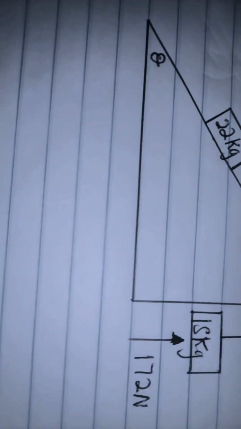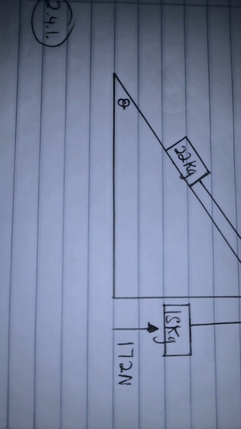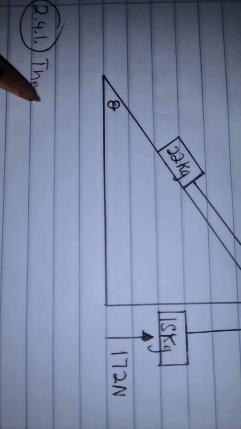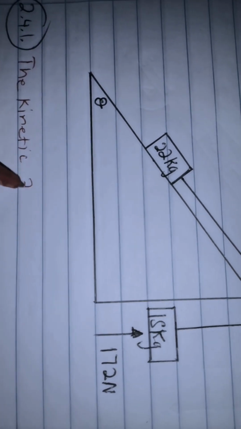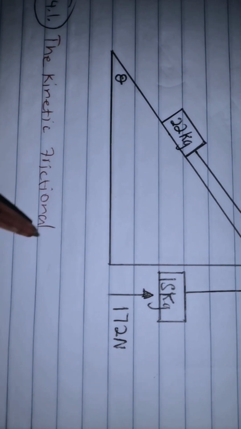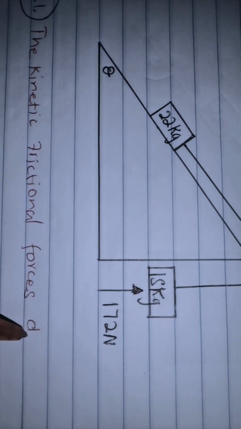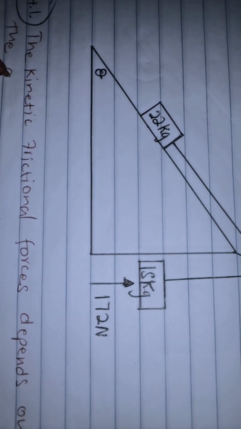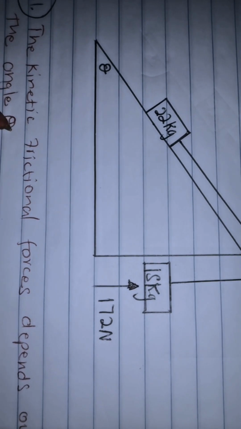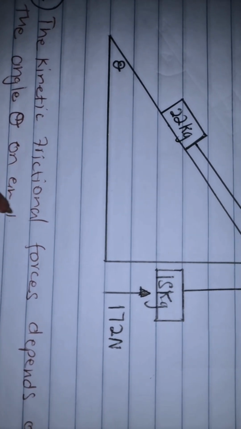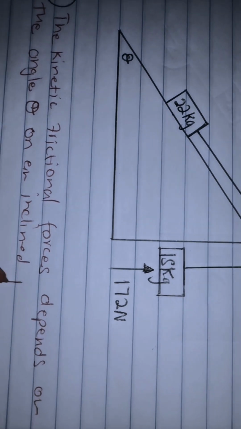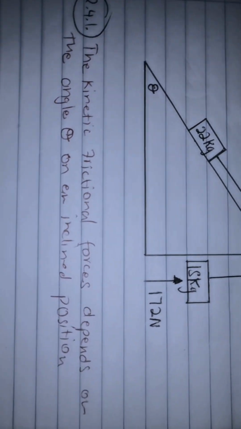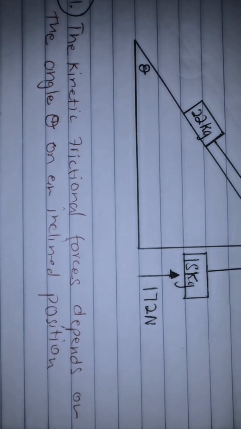Because remember, the kinetic frictional force depends on the angle theta on an inclined position. This is the answer. You must remember that kinetic frictional force only depends on the angle theta. You must remember that going forward, guys.